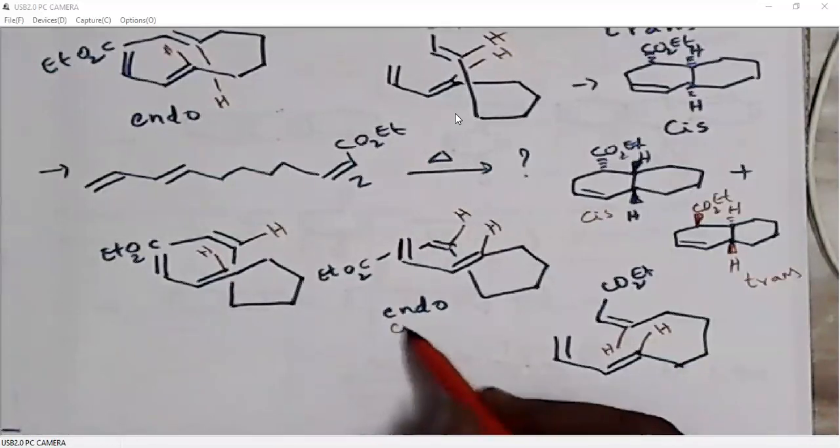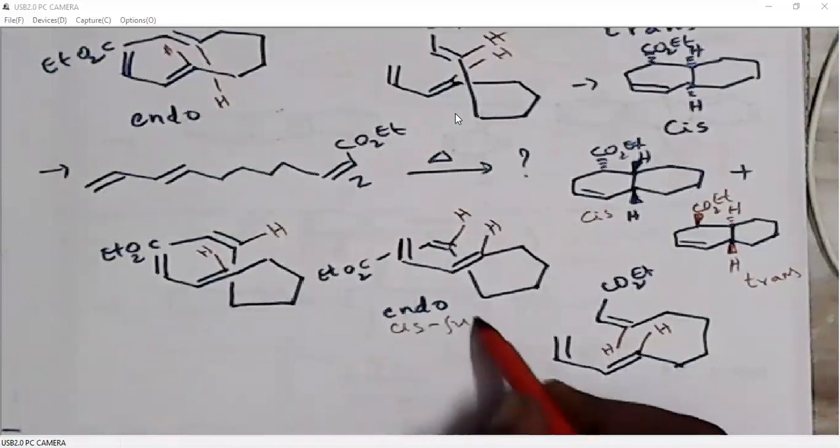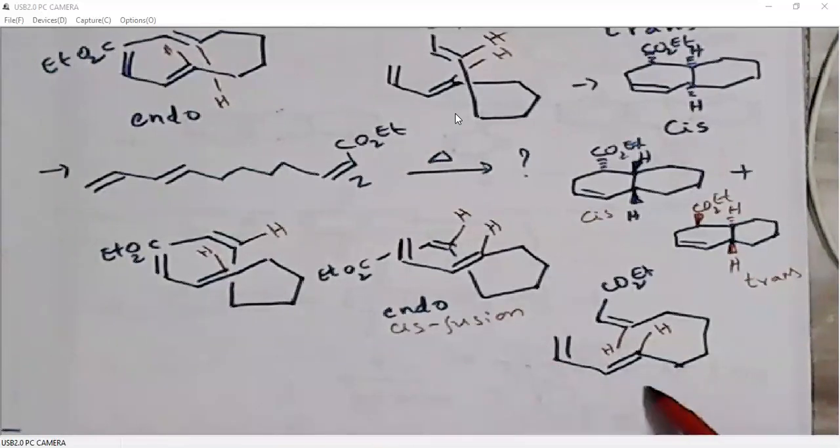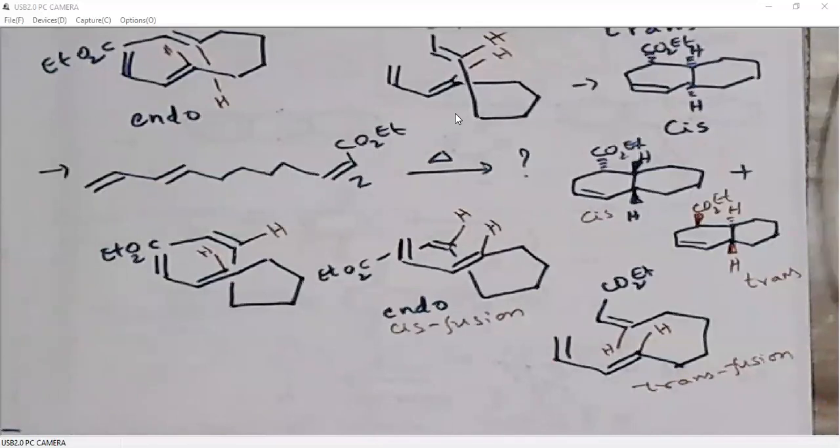So this is cis fusion, this is trans fusion. Here also we will get the products in a 1:1 ratio.